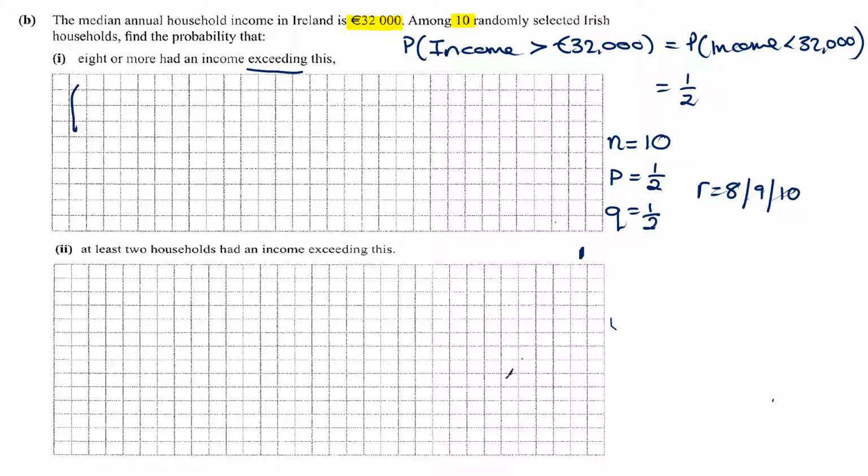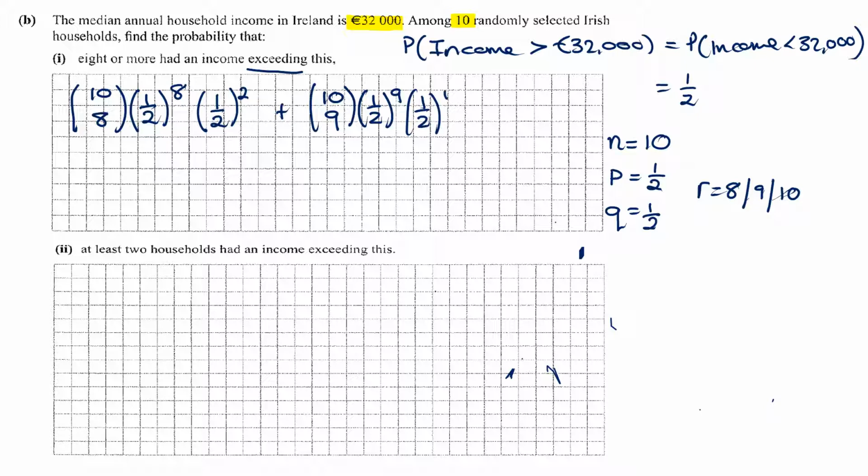So using our formula, n choose r, let's do 8 first. P, a half, to the power of r, so that's 8, and q to the power of n minus r, which is 2, plus n choose r, this time my r is 9, and a half to the power of 9, and a half to the power of n minus r, which is 1, plus 10 choose 10, a half to the power of 10, and a half to the power of 0.